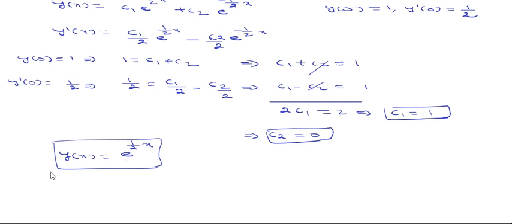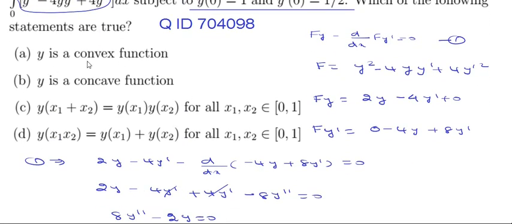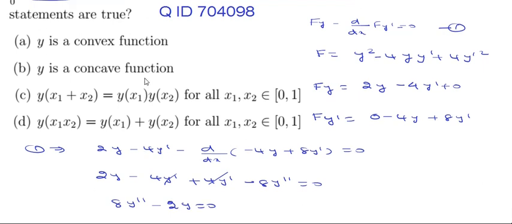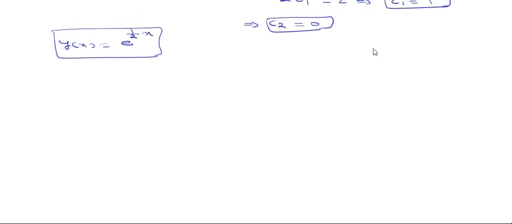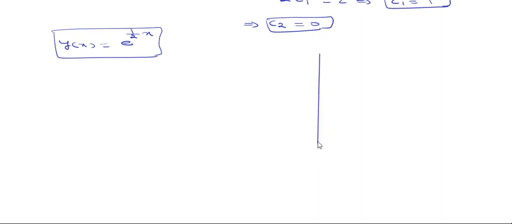Here, the first two options deal with the convexity of the function. We have to find whether it is convex or concave. If it is convex, then it will not be concave. So when we draw the graph of this function, e power x is like this.